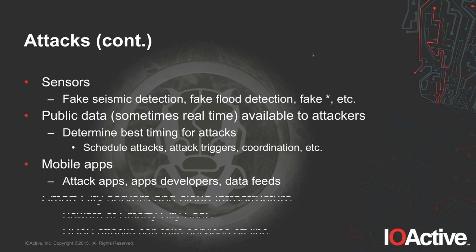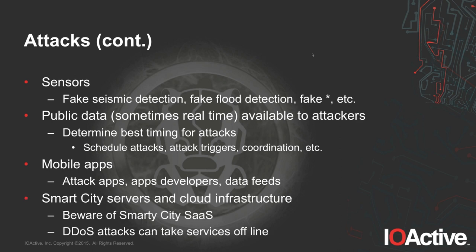Then you have the city servers and the cloud infrastructure. So when thinking about cloud used by a city, you have to be very careful because, with all this software as a service offering, you are trusting the vendor. And the same way your city is trusting, several other cities could be trusting.